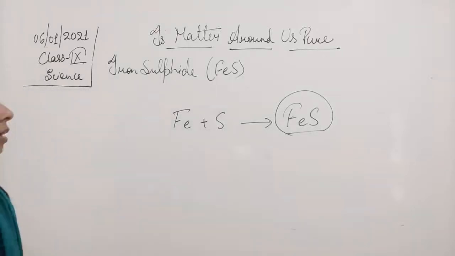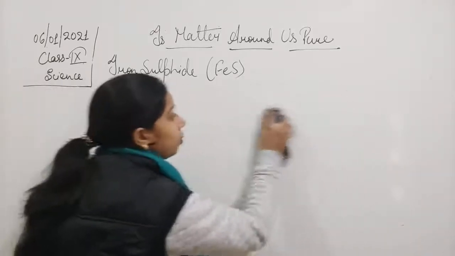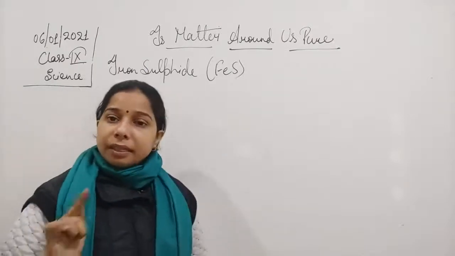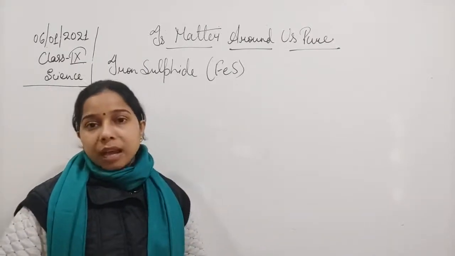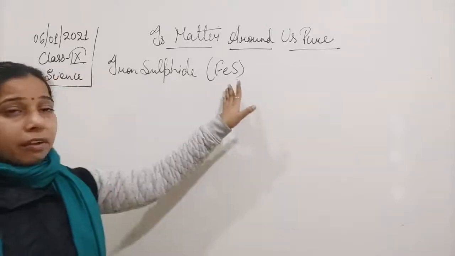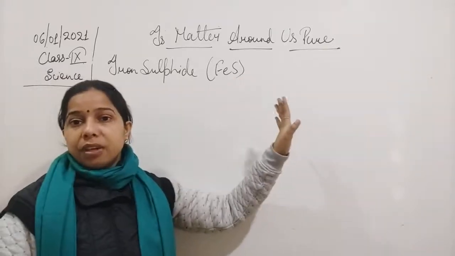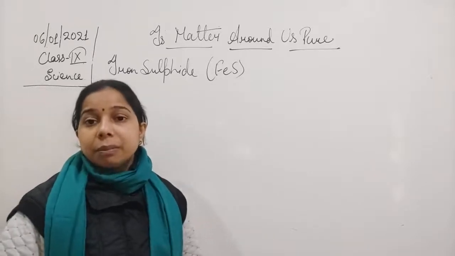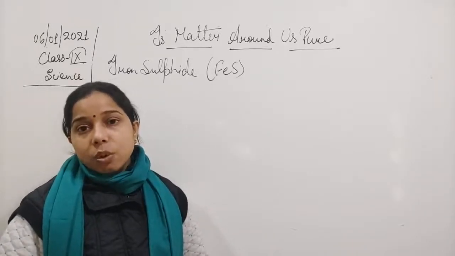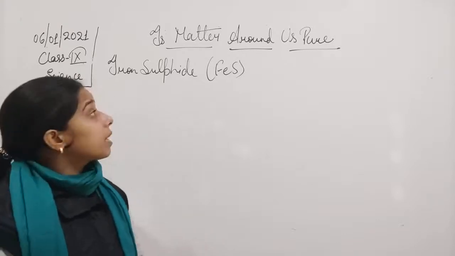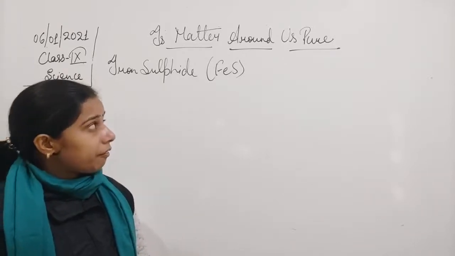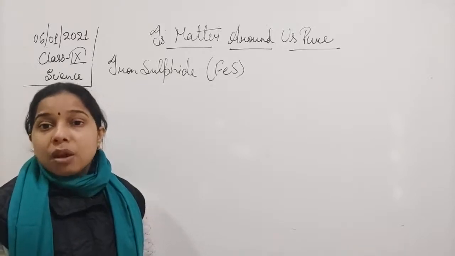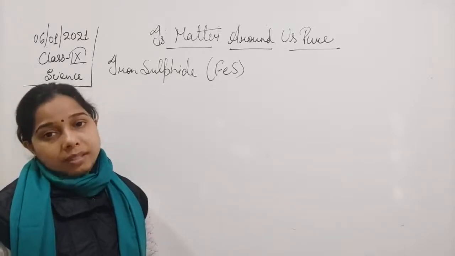So you see students, in the first case, when you take a magnet and bring it near the iron sulfide, you will observe that no attraction is seen for the iron present in the iron sulfide. It means that the black substance will not get attracted towards the magnet.